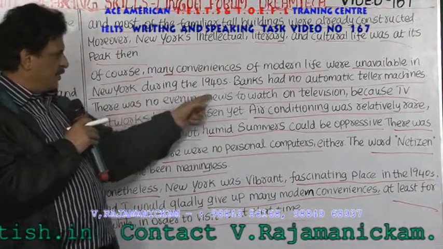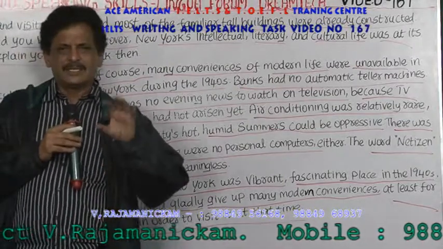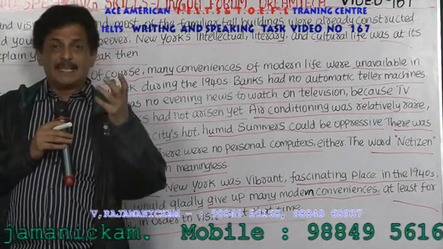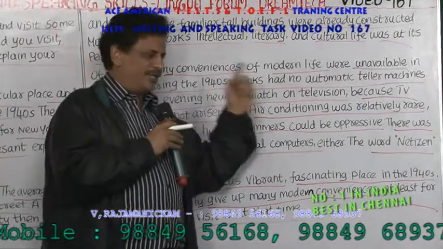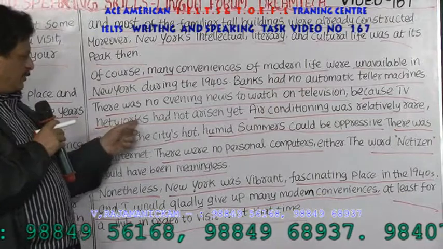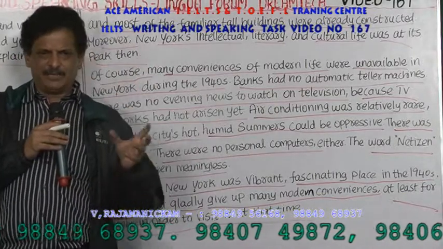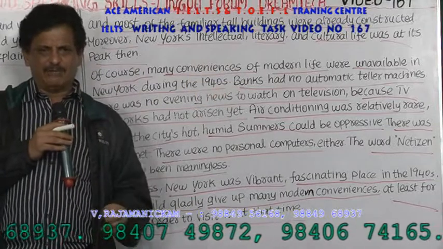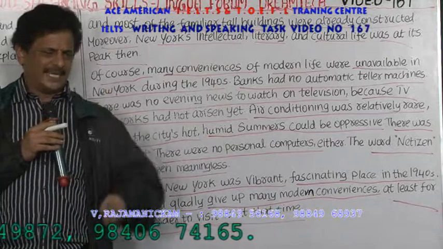There was no evening news to watch on television. மாலை பொழுதுகளின் பொழுதே டிவி தொலைக்காட்சியிலே மாலை செய்திகளை பார்க்க முடியாது. எப்பொழுது? அப்பொழுது 40-50, because TV networks had not risen yet. டிவி கண்டுபிடிக்கப்பட்டிருக்கிறது, ஆனால் டிவியினுடைய அந்த விரிவாக்கம் செயல் முறைகள் 24 மணி நேரம் இப்பொழுது ஓடிக்கொண்டிருப்பது போல அப்பொழுது கிடையாது.